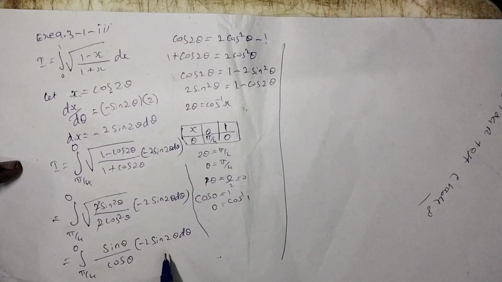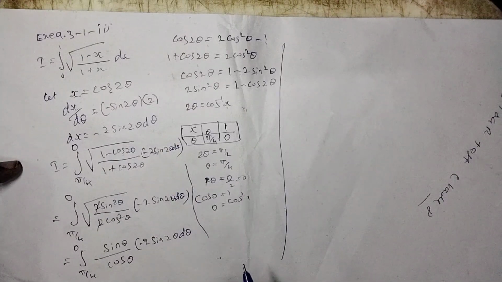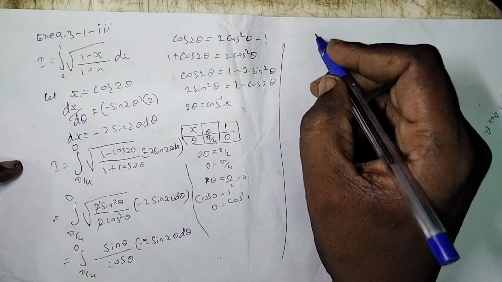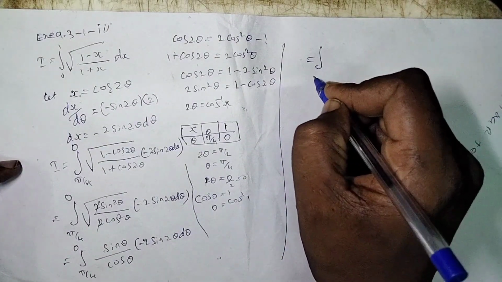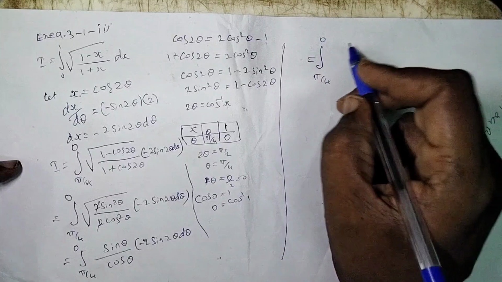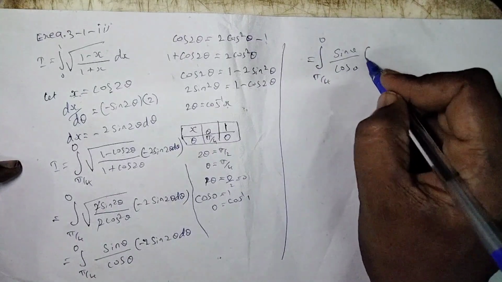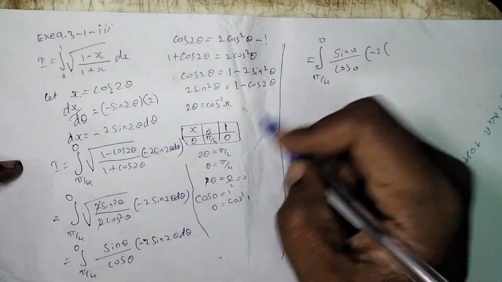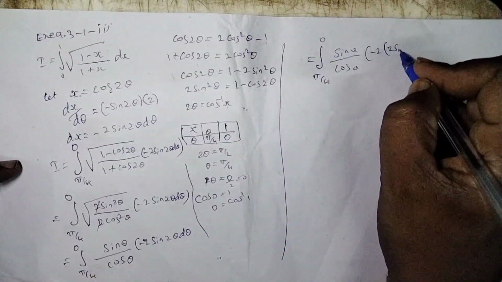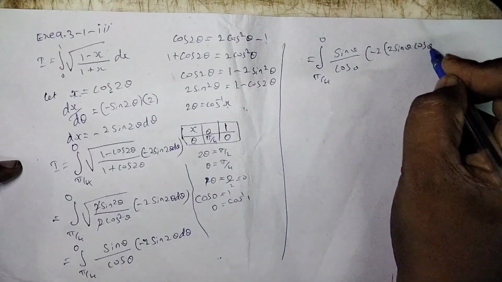Now instead of sin 2 theta, we write 2 sin theta cos theta.